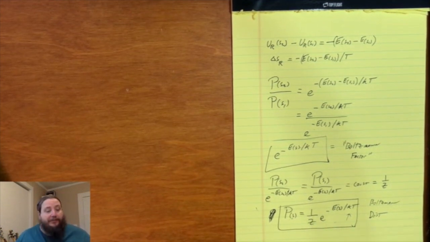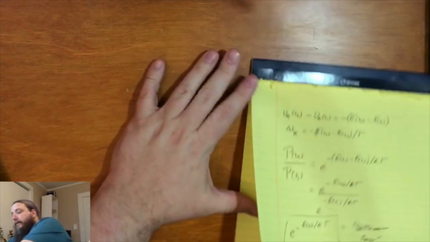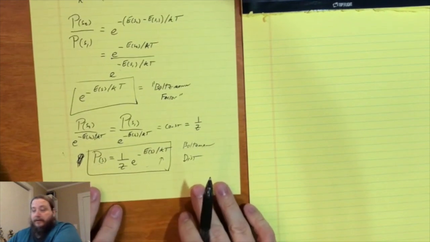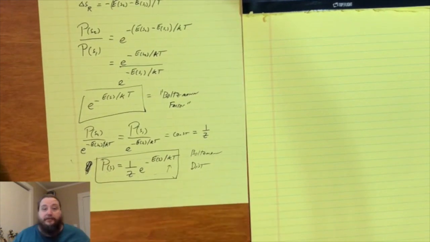This 1 over Z factor is the normalization factor, if you will, for our probability distribution, the constant out in front. Indeed, normalization is the accurate term, because that's how we're going to calculate it.